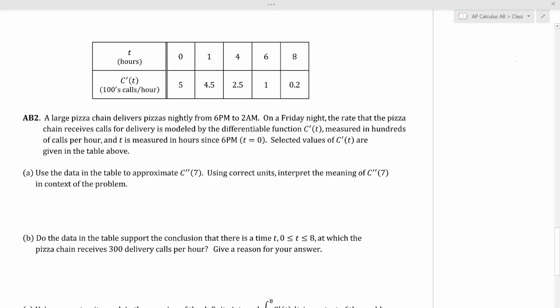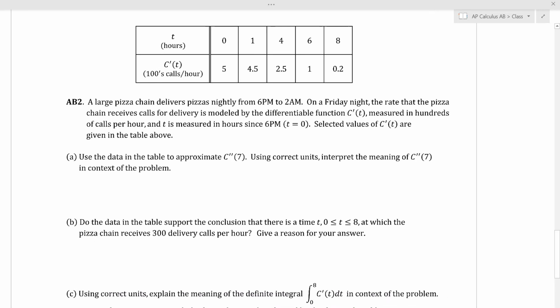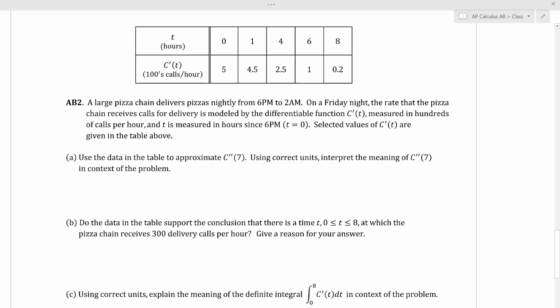The first question is just approximate C double prime of 7. That should not be too bad, right? To approximate the derivative of this function, we use the data we're given. We have to find the slope between 6 and 8.